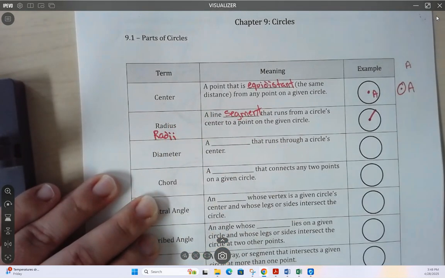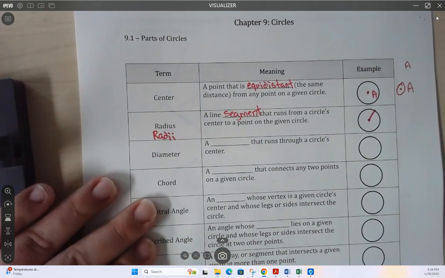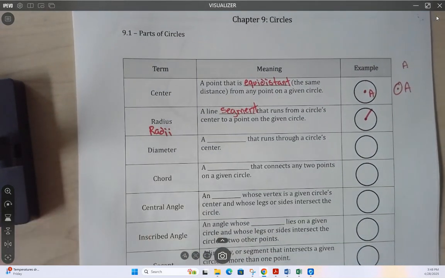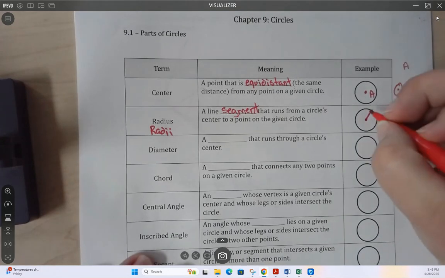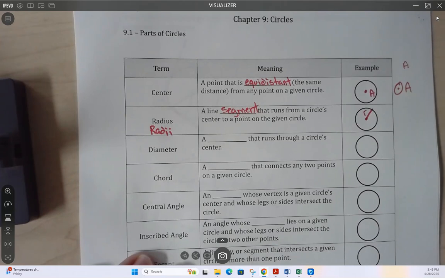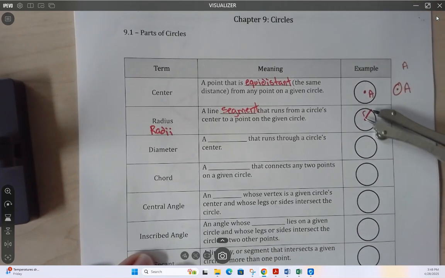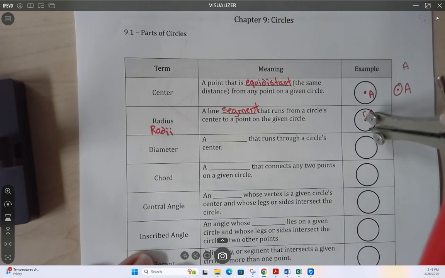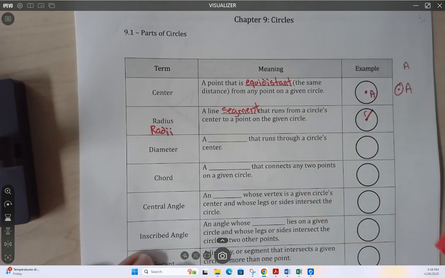Radii is just like that. It's rad with 2 eyes. Within the same circle, every radius is the same. Again, that's why our compass works. We set the radius with our compass, and as long as we don't shift the size of our compass, it should keep that constant flow as we go around the circle, keeping everything the same.